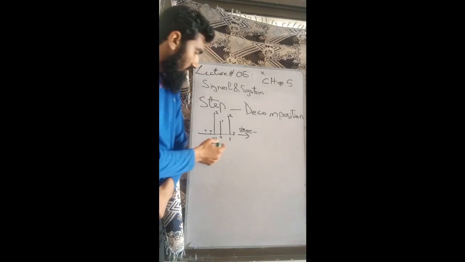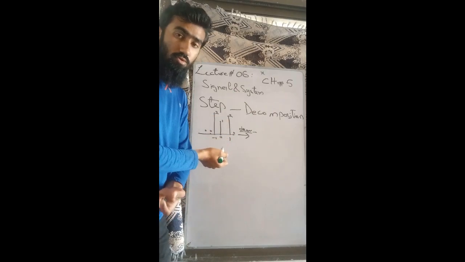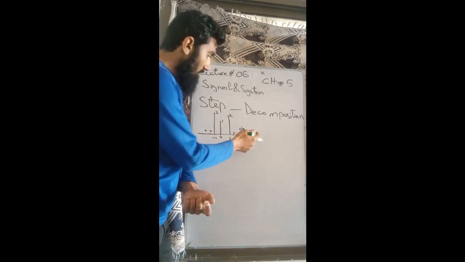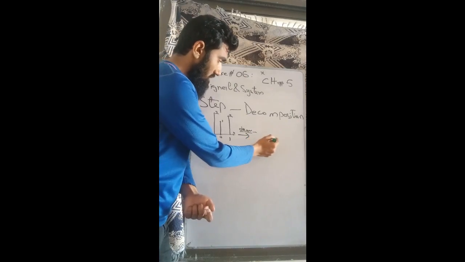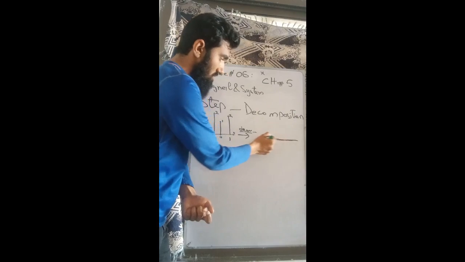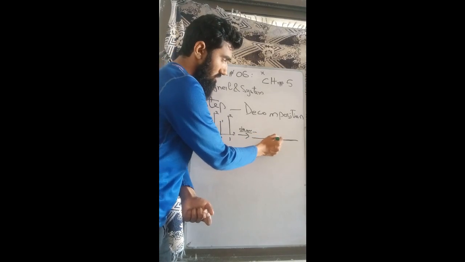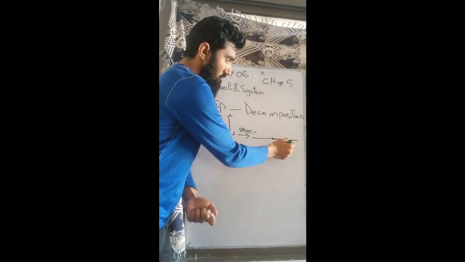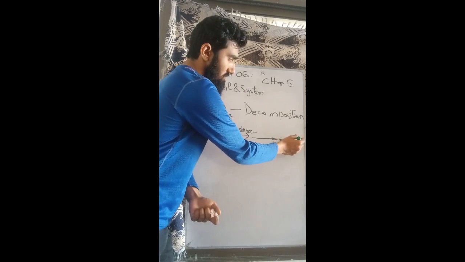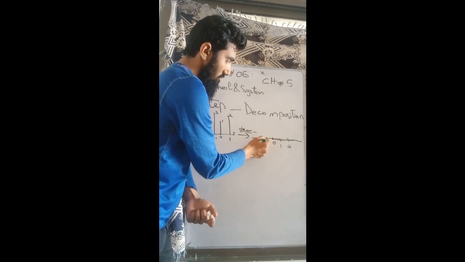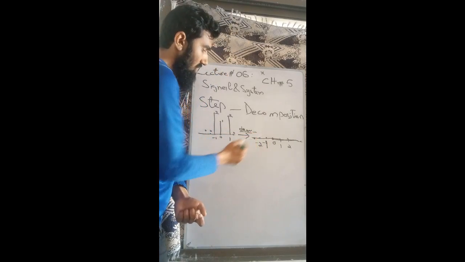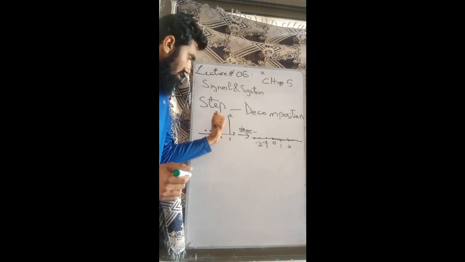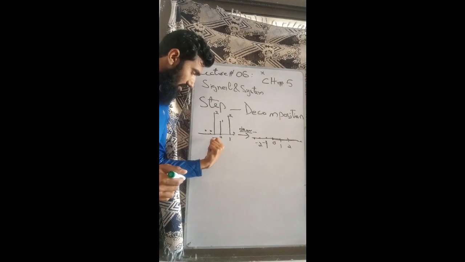So to decompose into step signals, I am taking first this is 0, this is 0, this is 1, this is 2, and so on. It is continuing, and it is 0, it is minus 1, minus 2, and it is also continuing. So first, the impulse we have at minus 1.